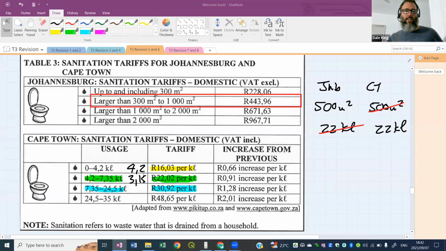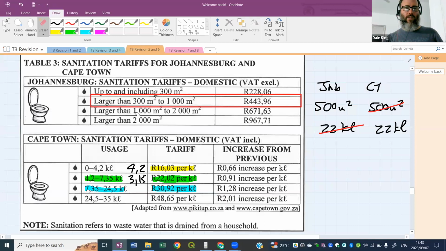Anyone want to take a guess at this one? How is the Johannesburg tariffs beneficial to Johannesburg homeowners in terms of water usage? How do Johannesburg people benefit? Anyone want to take a guess? This is a subjective question. Or can we move on?